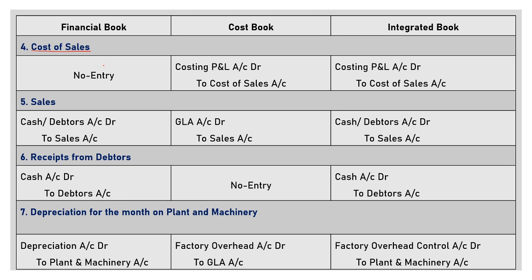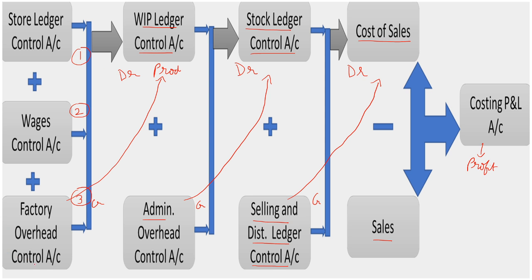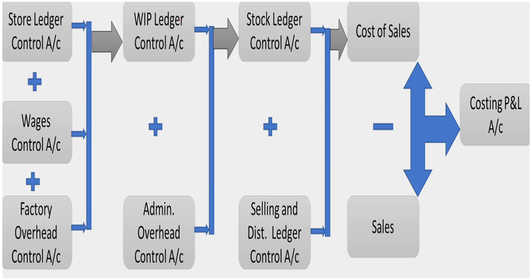First we understand these transactions with the help of our flow chart. So first we erase all these things. Now when we say that finished goods produced, they are produced in the production department. So the goods are transferred from WIP to finished stock ledger control account. So we debit the finished stock ledger control account and credit WIP ledger control account.